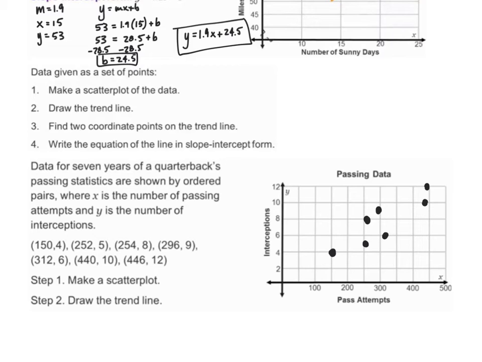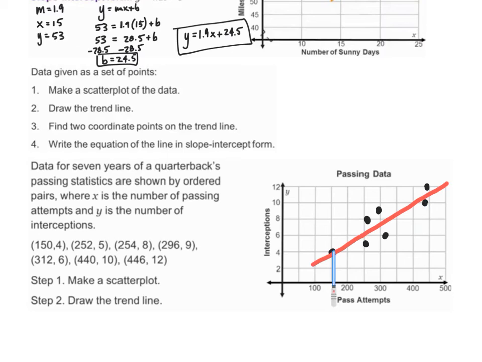Okay, so now I want to draw a trend line. Now I want to draw something that fits the data, okay? And so, as I'm drawing this trend line, it's going to do something like that, where it needs to cut the data in half, okay? One of the other ways I think about drawing a trend line is that all my points are pretty equidistant to my trend line, okay?